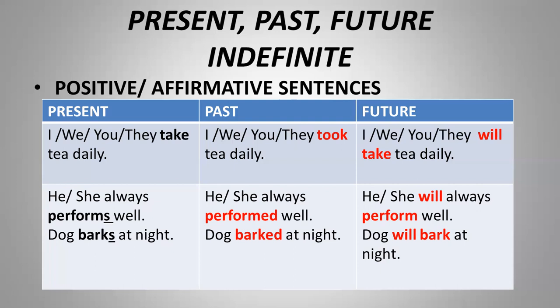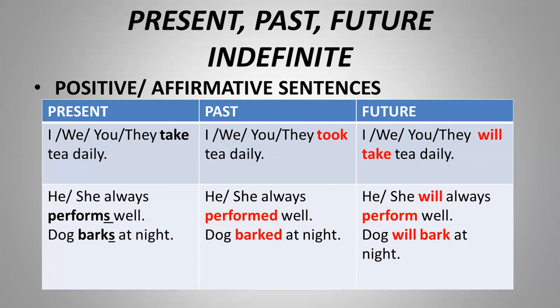Now moving from present indefinite to past indefinite, you can observe that there is only one change in the whole sentence, and that is the shift from take to took. So second form of verb or past form of verb is used. There is no other change.